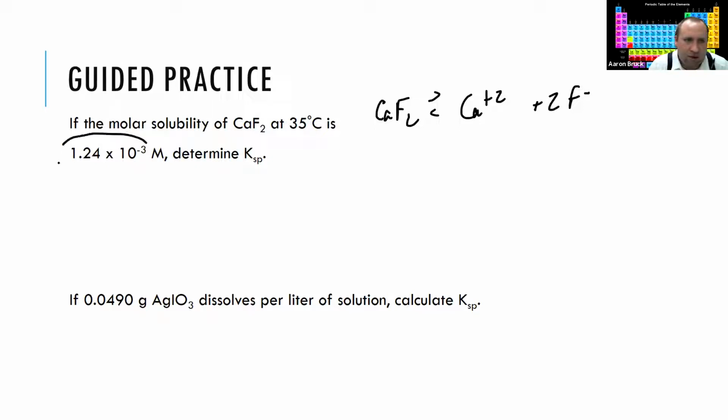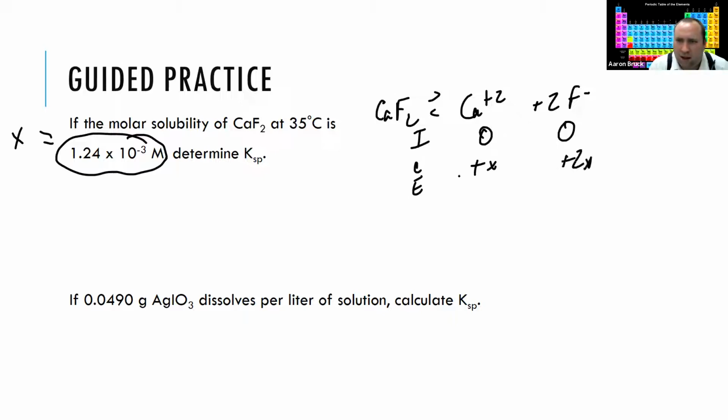Again, the molar solubility is equal to X. So if we went through the production here, it'd be exactly the same as the ice table that we just did, which means that it would be 1.24 times 10 to the negative third molar for calcium, 2.48 times 10 to the negative third molar for fluoride.